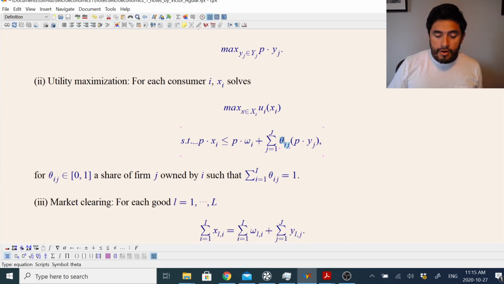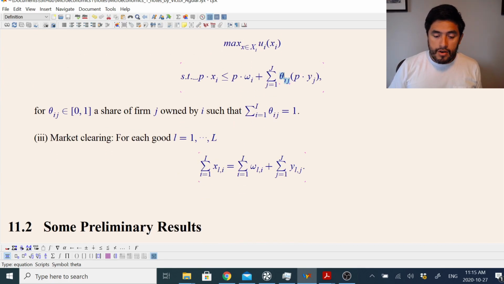and that's how you endogenize the income, because now this part here is no longer exogenous. It depends on the prices.